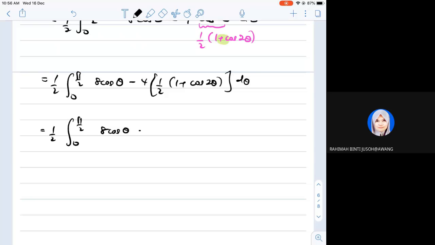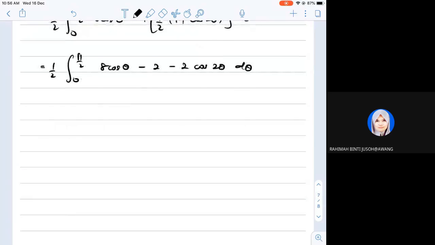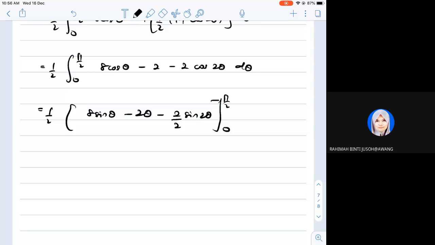So 8 cos theta minus 2 cos 2 theta d theta. Alright, so the answer would be, let us integrate. 8 cos theta, so 8 sin theta minus 2 theta minus jadi minus 2 over 2 sin 2 theta, substitute pi over 2 and 0.